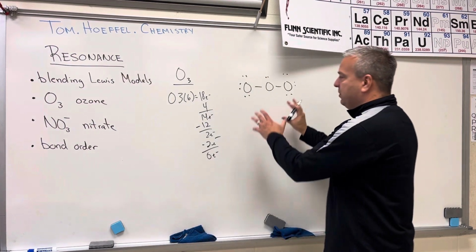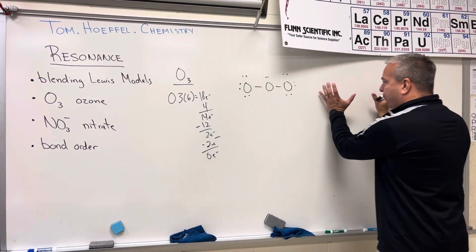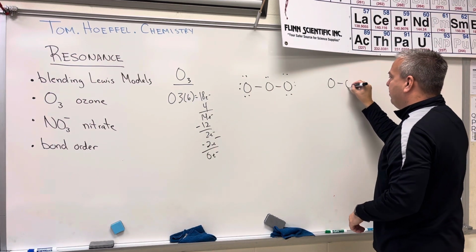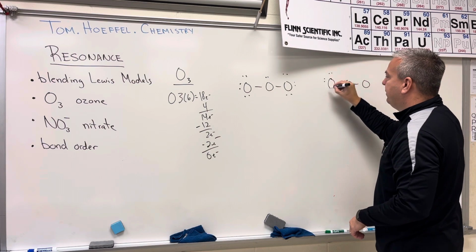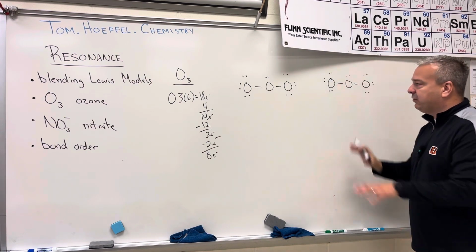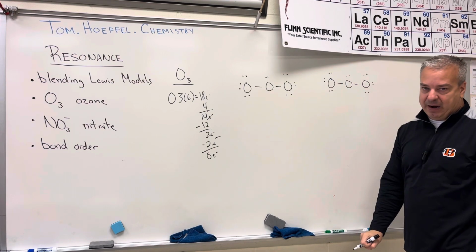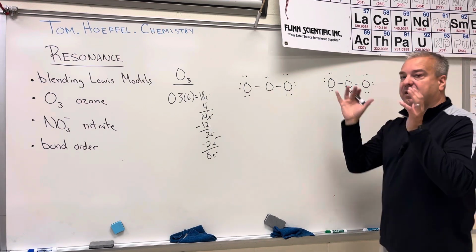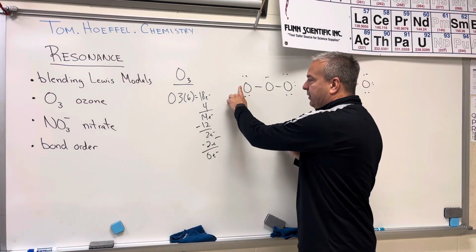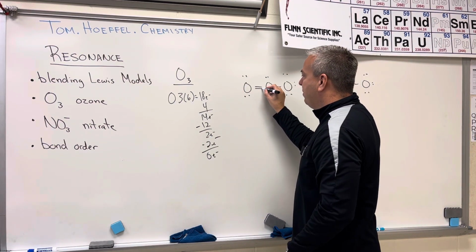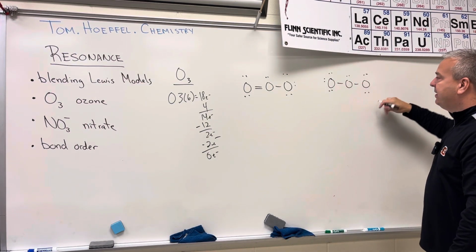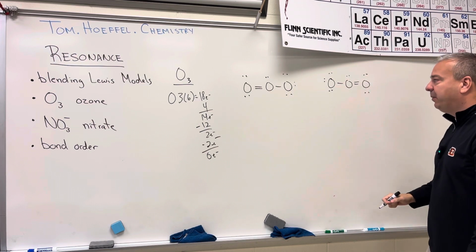So I'm going to draw the same exact thing over here. We do 3 oxygens, fulfill the non-central octets first, and place the leftovers on the central atom, and we have the same thing right now. To finish the problem, we have some options. We can take them from the left and make them shared on the left, or we could take them from the right and make them shared on the right.